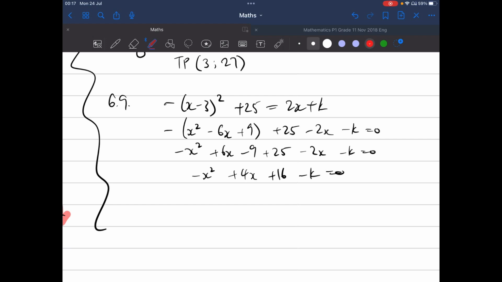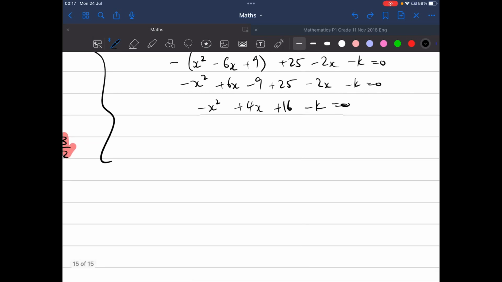So what do we have here now? Here we have a quadratic equation. If we want to find the points where the two graphs are touching, remember the roots are going to be equal at that point, because they only touch at one point.